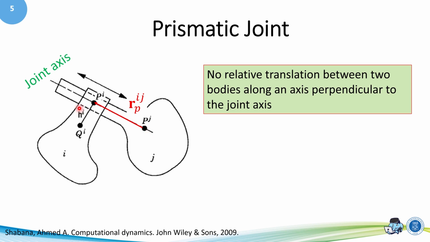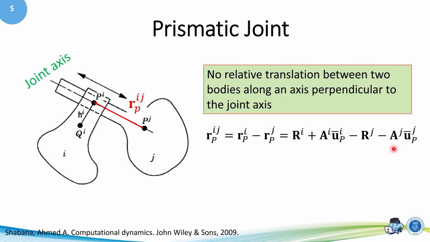Rpij can be defined by this equation, that's Rpi minus Rpj. Don't forget, Rpi is Ri plus Ai Upi bar, and Rpj is Rj plus Aj Upj bar.